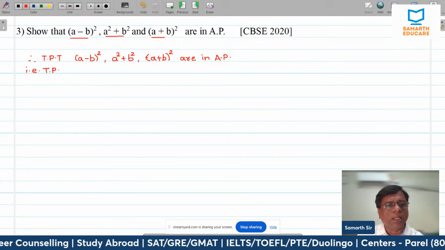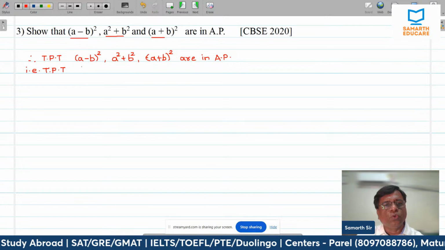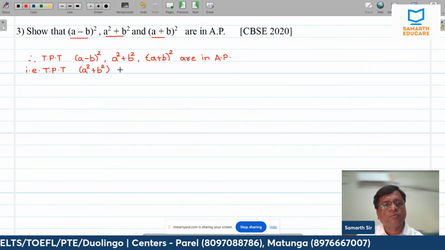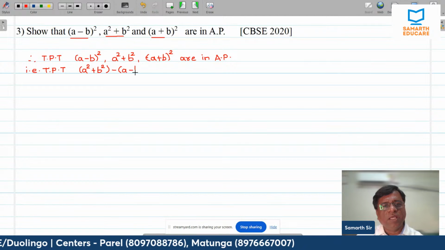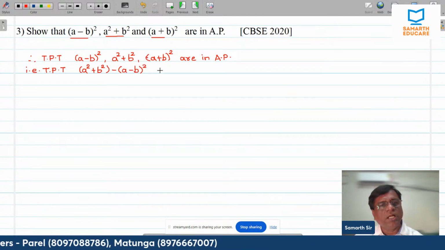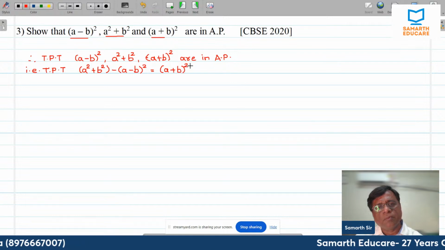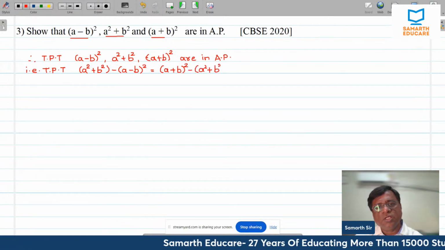What do we have to prove? The difference between the two, that is a square plus b square minus a minus b whole square, the preceding term, is equal to a plus b whole square minus a square plus b square. Let us solve one by one.